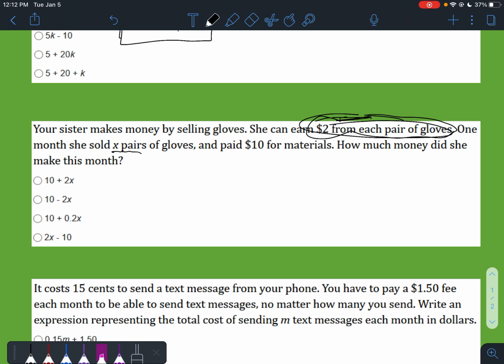So if there's money going out, we're going to have to subtract something. But let's figure this out here. $2 for each pair of gloves, much like we had it before. $2 for 1 would give you 2. 2 times 2 pairs of gloves. You get the picture here. 2 times X pairs of gloves would give us our money. So 2X is going to be the money that we make. So this would be the in. Now, the money going out is going to be the $10 that we spent.